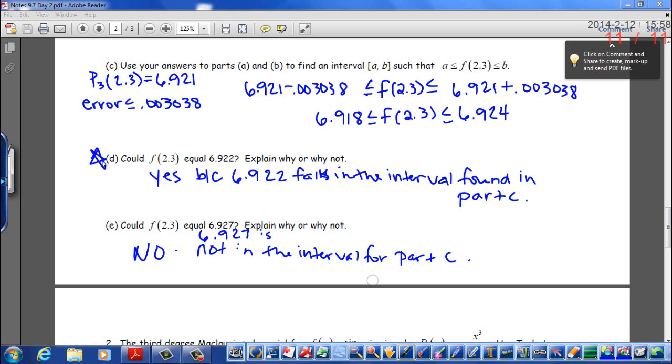But for this example, I just wanted to take it step by step. But just know that in the future and on the AP exam, they could do part A and then jump down to part D and just say, could f of 2.3 equal this number? Explain why or why not. But you would still have to go through finding the error, using the Lagrange error, and all that.